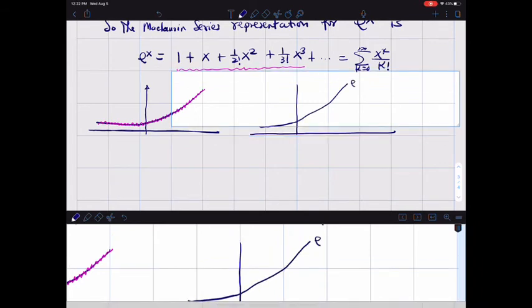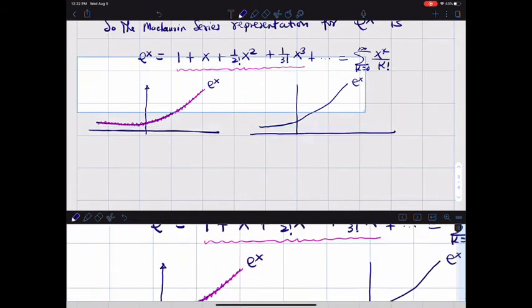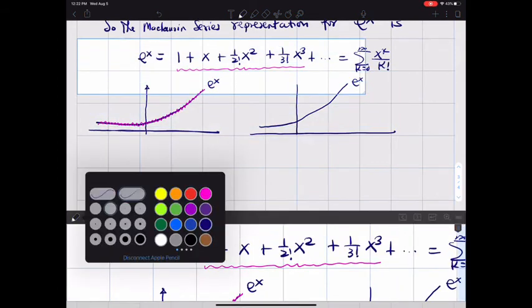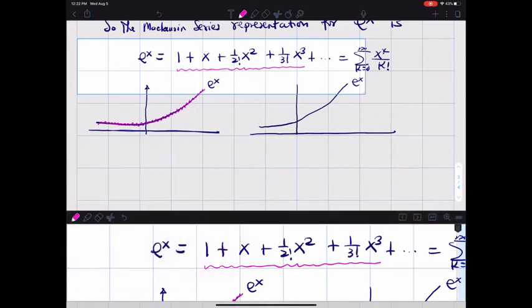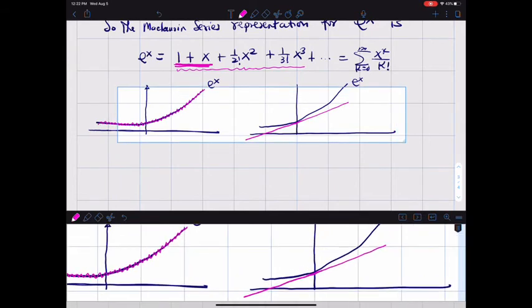So this is our e to the x. Assuming we're going with just the first two terms, 1 plus x, this is what you're going to get, something like this. Not a good approximation for our function, e to the x.